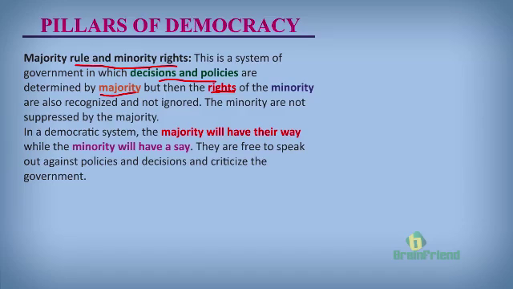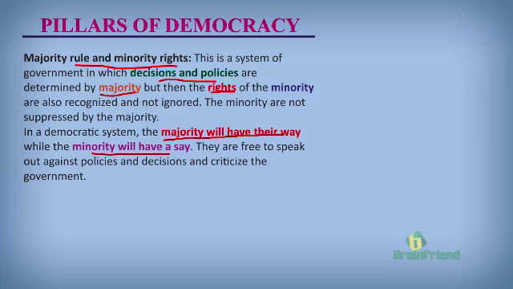Their rights and their needs are still recognized and respected by the leaders. This means that the majority will have their way while the minority will have a say. They are still free to speak against government policies and decisions. They are free to criticize the government.